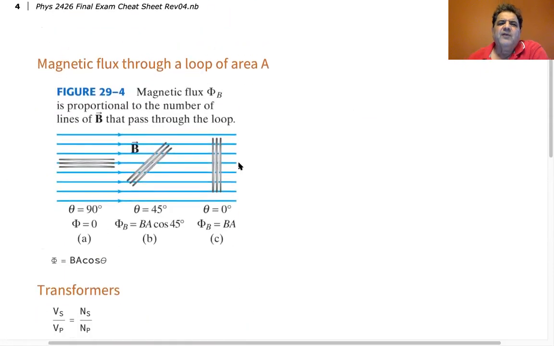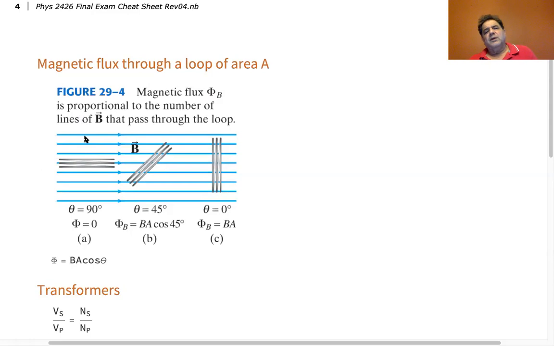Okay, magnetic flux through a loop of area A. The magnetic flux phi sub B is proportional to the number of lines of B that pass through the loop. Now it's the ones that pass through the loop. So notice in the first one, the normal, that is the angle perpendicular to the plane of the loop, here it's at 90 degrees.